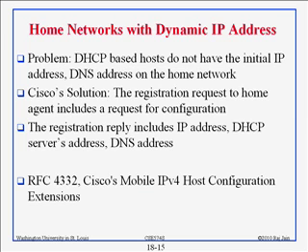Alright, so we move on to the next problem, which is dynamic IP addresses. So dynamic and static, private and public. Everybody understand the difference between private and public addresses? What is the difference between private and public address? Anybody?